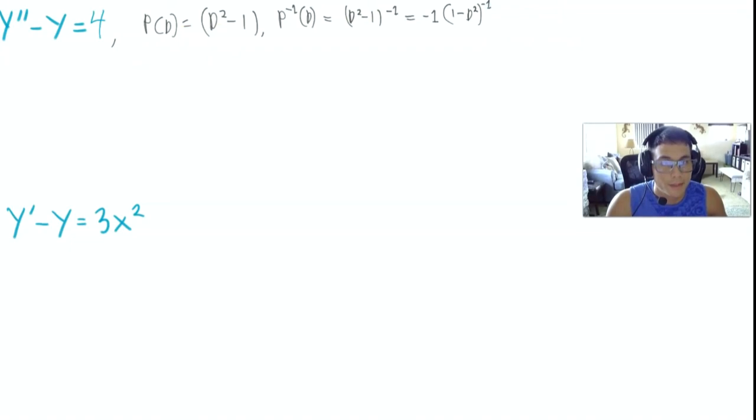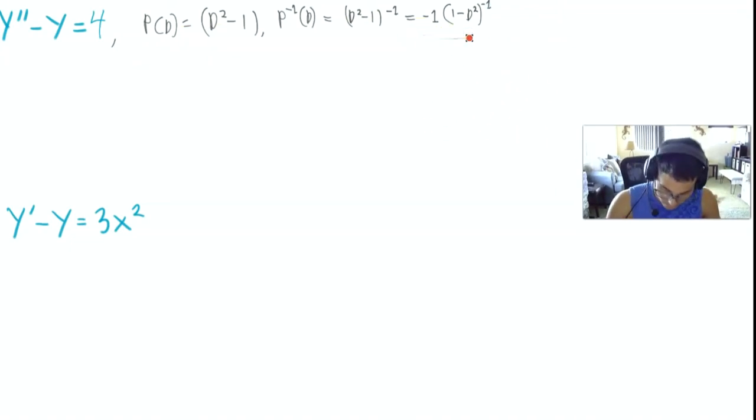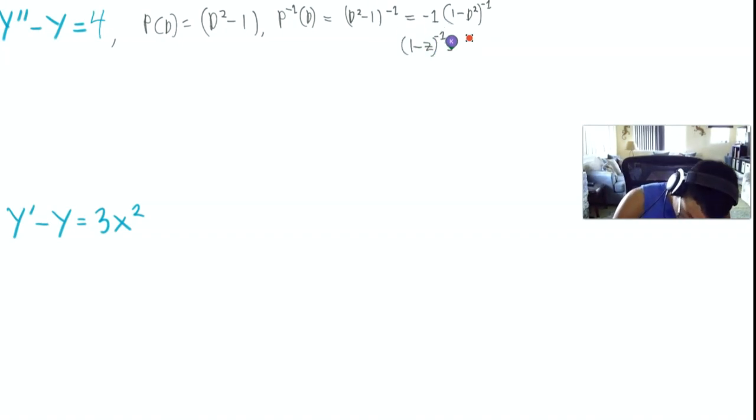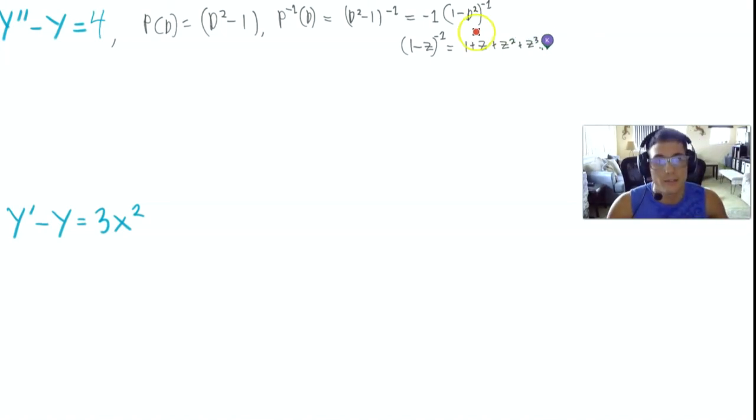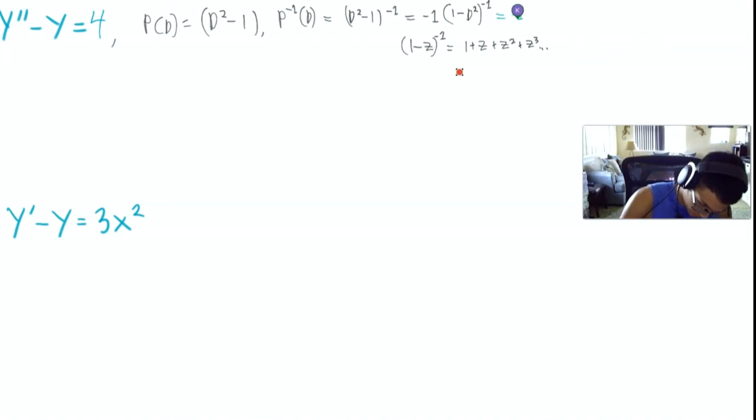Okay. And then how could we model this? Well, the series we used to model it was this one. So I guess we could model this as negative 1 times 1 plus z plus z squared, right?